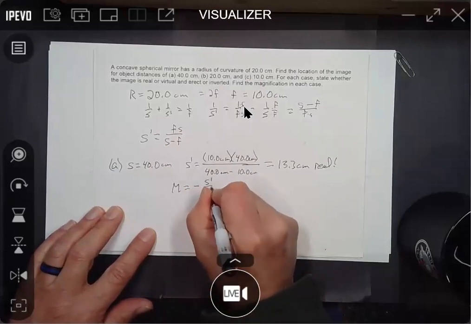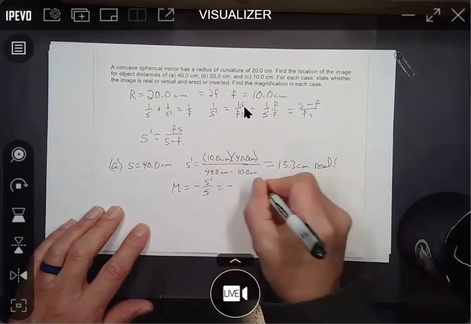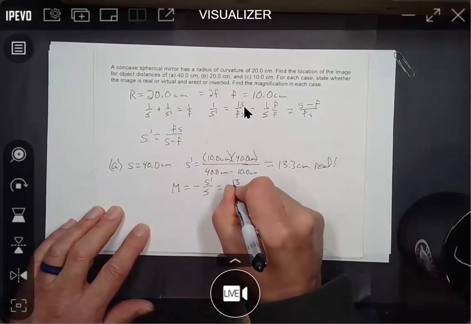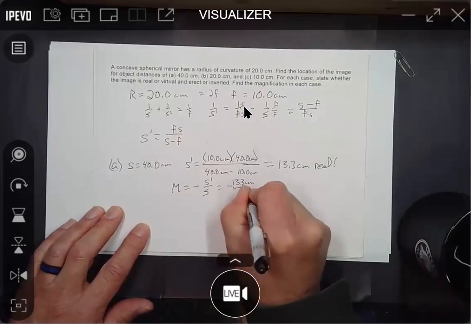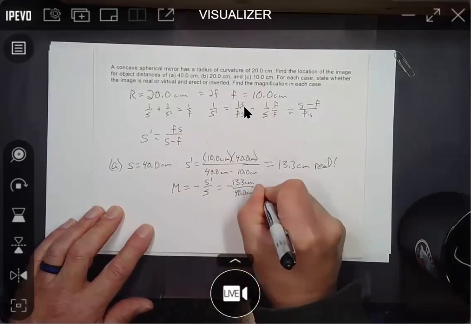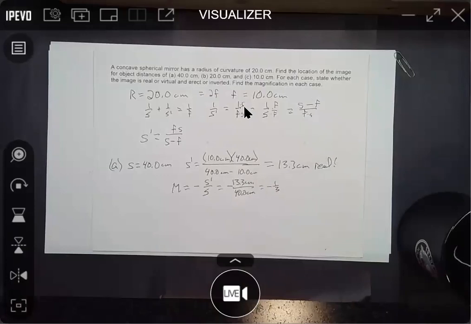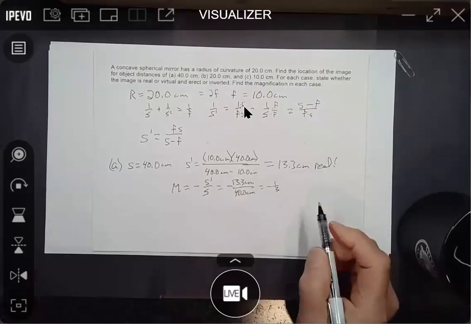It's minus S prime over S, which is minus 13.3 centimeters divided by 40, which is actually minus 1/3. And the negative sign tells me that it's upside down, so it's inverted.